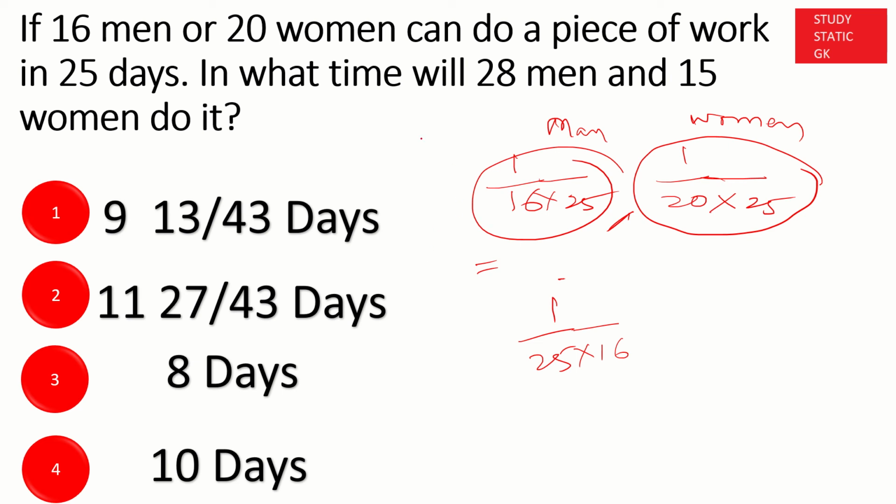In what time will 28 men and 15 women do it? Right? So per day you will calculate. 28 men will do 28 by 16 into 25, plus again the combined 15 women means 15 by 20 into 25, per day work I am calculating, right?